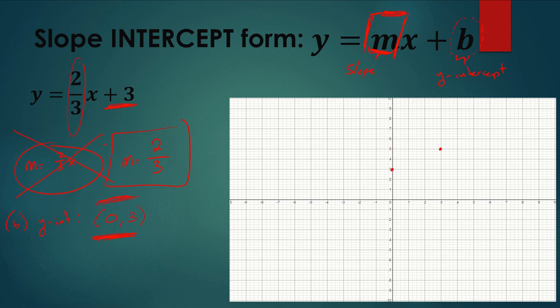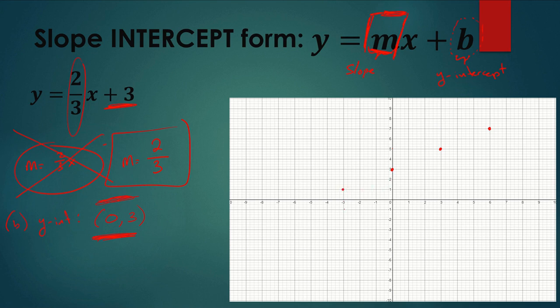And I repeat that same process until I have enough points to draw my beautiful straight line, right? So from 5 add 2, that's 7. From 3 add 3, that puts me at 6. And we can repeat the same process going to the left. We just reverse the direction, right? So down 2, left 3.